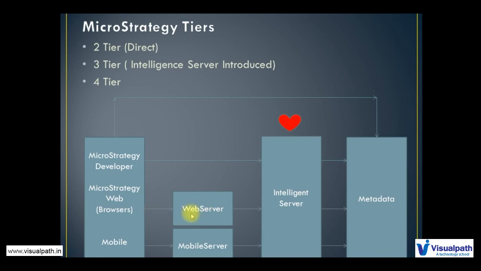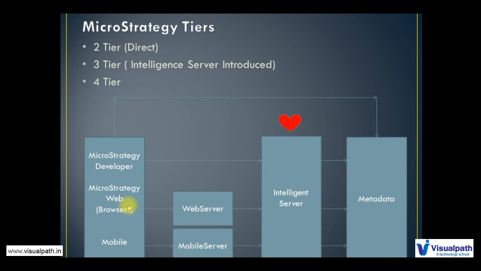Then your web server will connect to Intelligence Server, and that Intelligence Server will connect to metadata. How many tiers are coming into the picture? First, second, third, and fourth. That's why it's called 4-tier architecture. Whenever MicroStrategy Web is coming into the picture, that means you are using the 4-tier architecture of MicroStrategy.